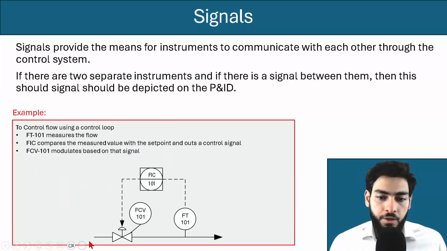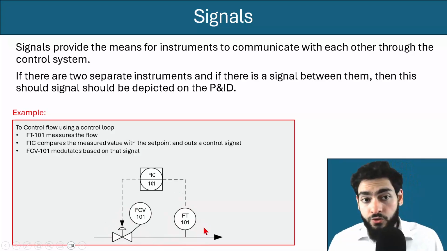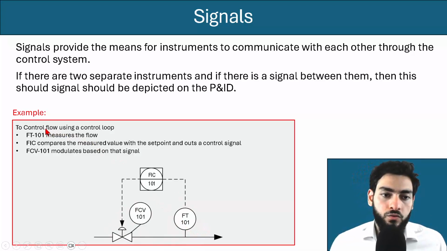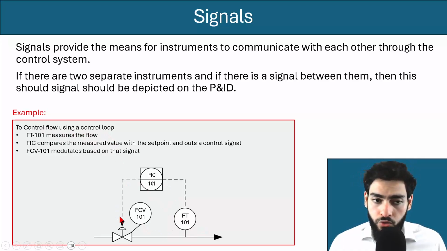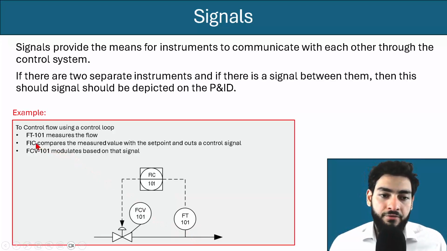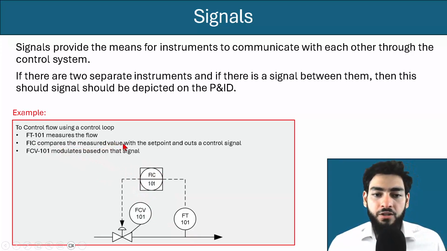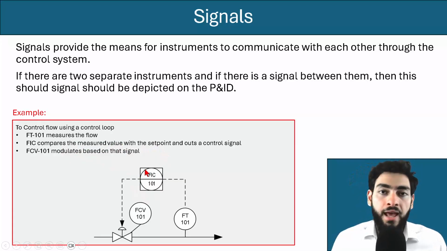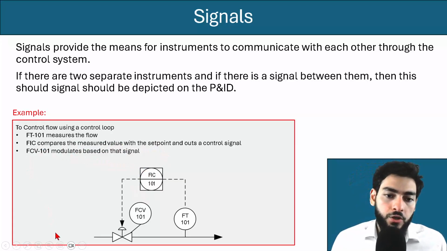So you have a pipe that is carrying some kind of fluid, and it's flowing past a control valve, and there's a flow transmitter that's measuring the flow rate in the pipe. Now, to control flow using a control loop, you have the flow transmitter FT101 over here, which measures the flow, and then you have a flow indicator controller, which compares the measured value with the set point and outputs a control signal to the flow control valve 101.